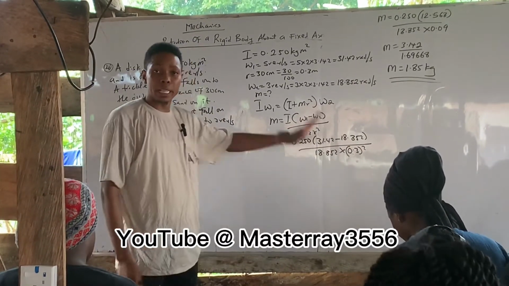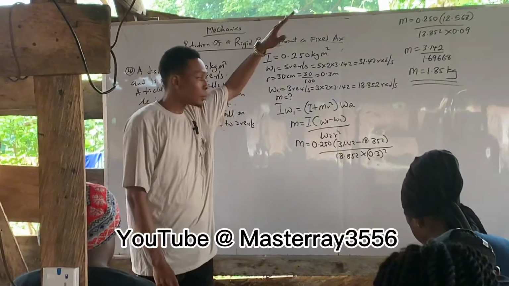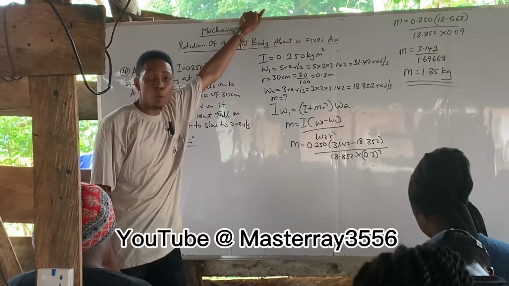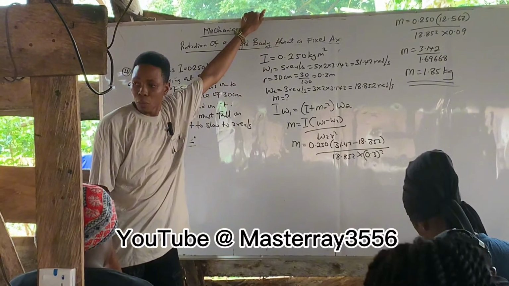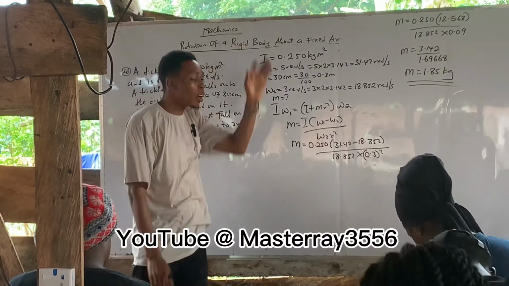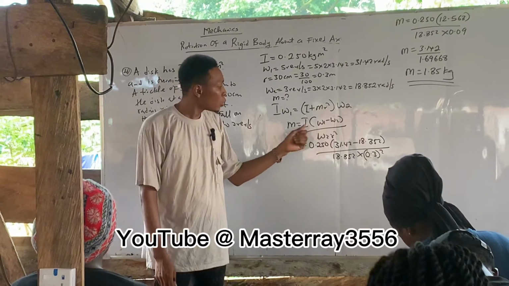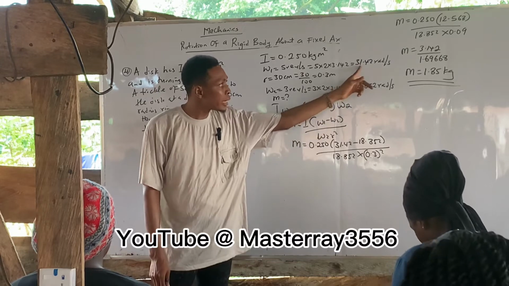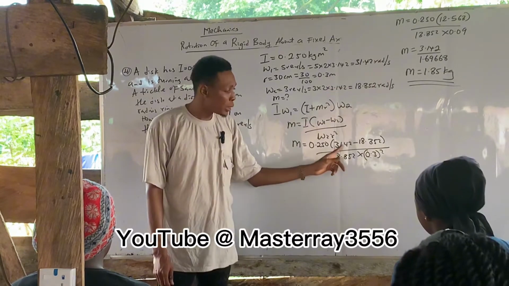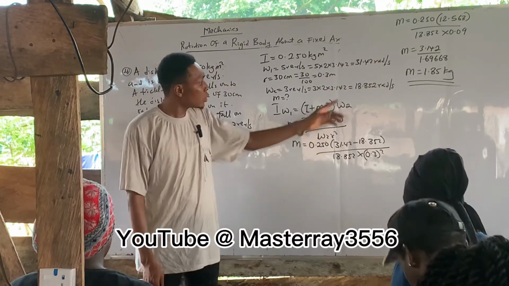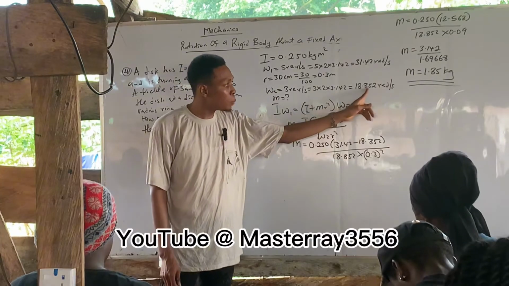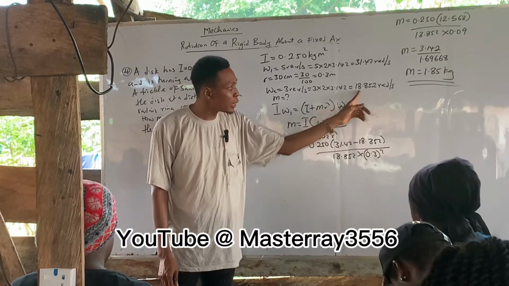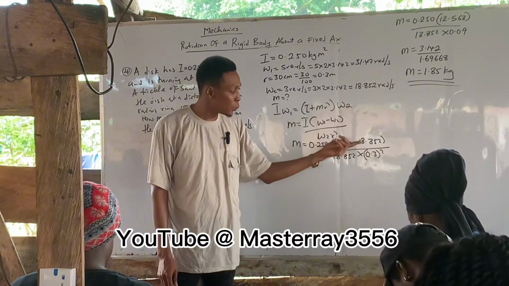So any question there? You don't understand from where? All right, then brackets. What's our W1? 31.42, which is this. What's W2? 18.852, which is this.